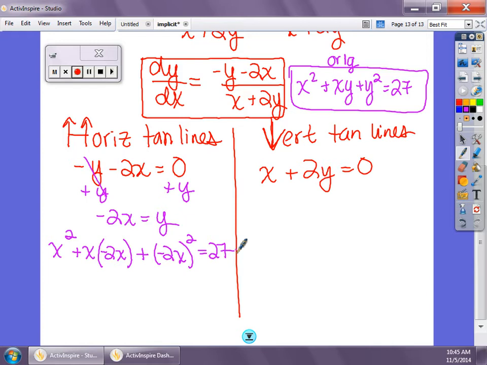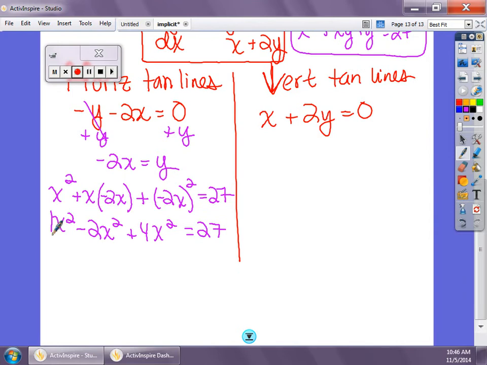Okay? So now I'm going to simplify. So I get x squared minus 2x squared plus 4x squared equals 27. Simplify again. 1 minus 2 plus 4 gives me 3x squared equals 27.